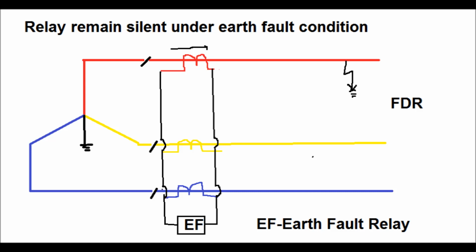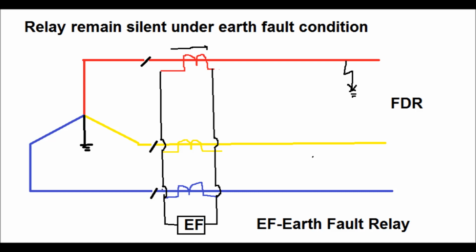Now, if any earth fault occurs in any phase of the feeder connected from the bus, and the bus is connected to the source, that is the transformer, here the transformer is Y connected and the star point, that is the neutral point, is earthed. If an earth fault occurs in the red phase to earth, then the neutral connected to the earth provides the return path for the earth fault current.